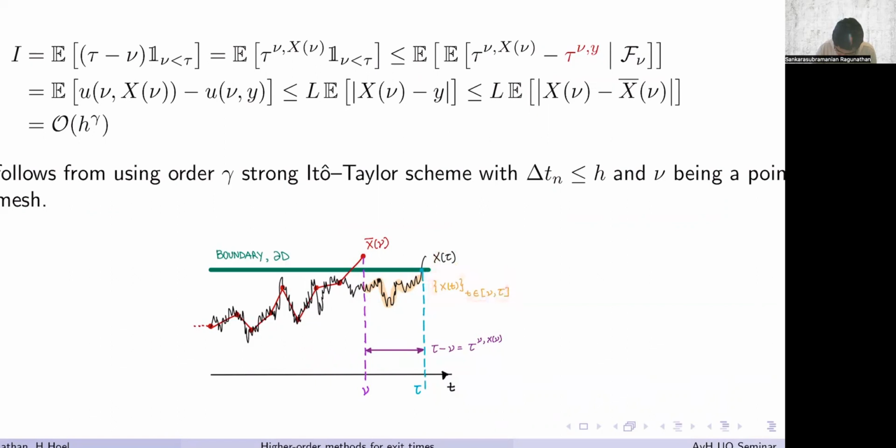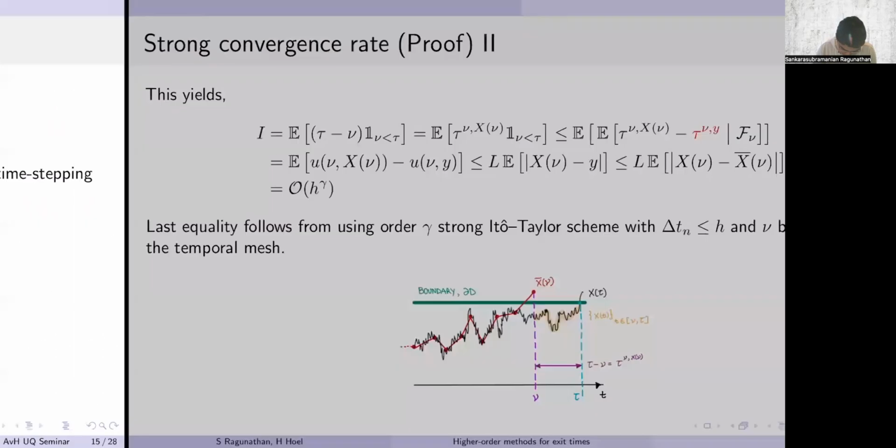This orange shaded region basically represents the evolution of the process between times nu and tau. And this is also the reason why we can write tau minus nu to be this terminology here, which is what was stated in the previous slide as well.